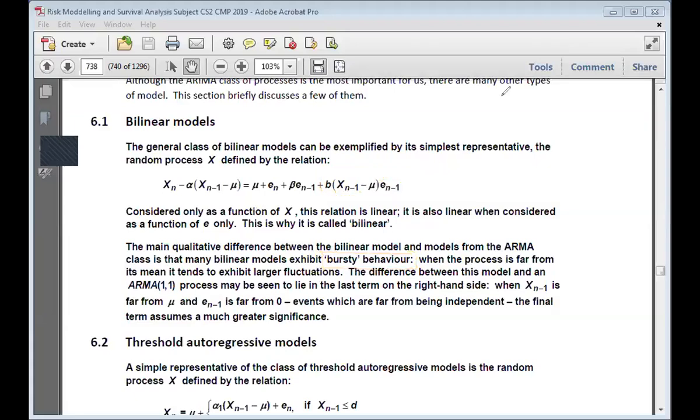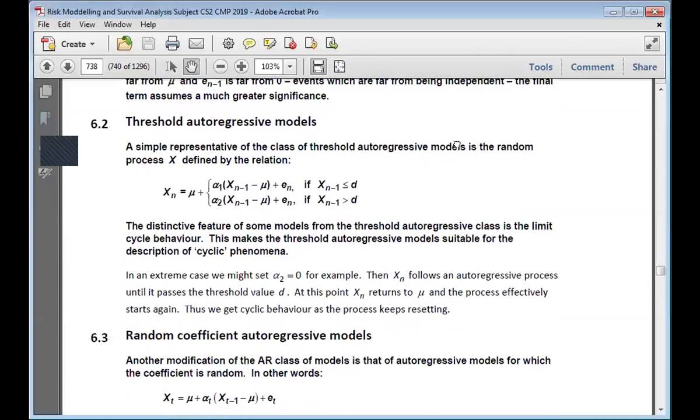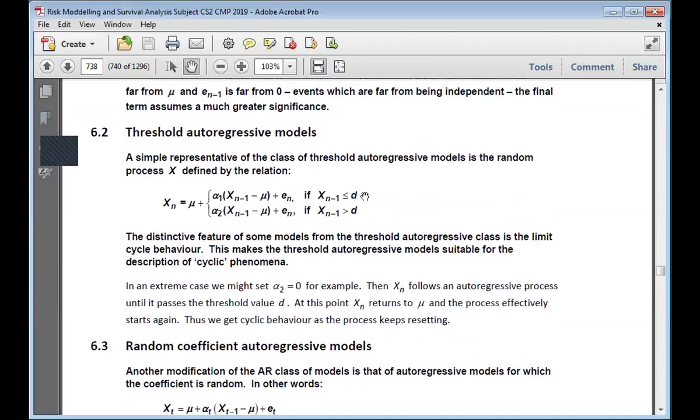So this was just one of the models. And the next model, I think, is one of the models which is highly used not only in economics or finance, but also in psychology, medicine, and biology as well. In short, this is known as the TAR model, a threshold autoregressive model.